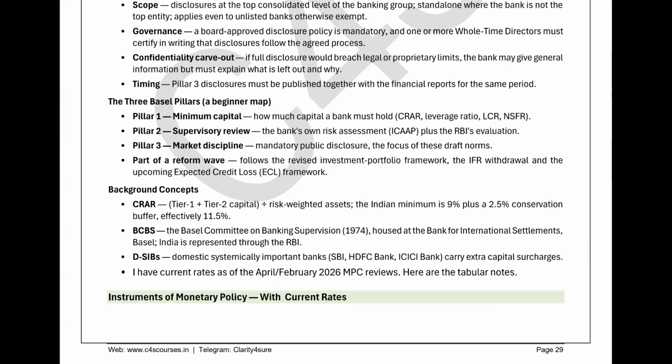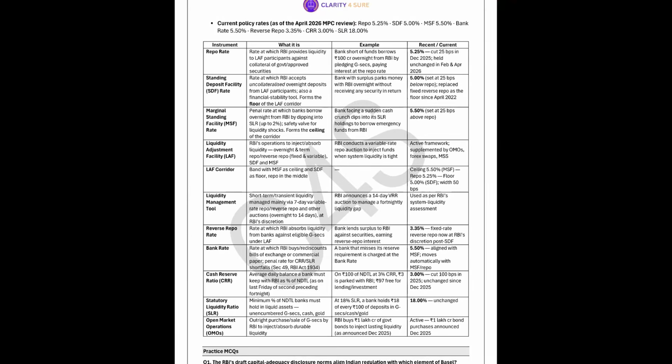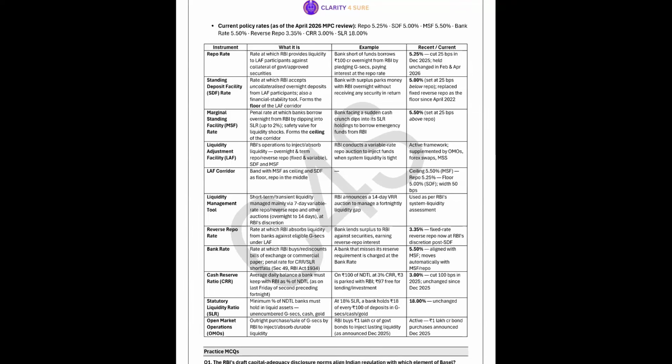Instrument of monetary policy with current rates. अब ये देखो, ये जो data है ना, it will show you instruments of monetary policy with current rates in one place. ठीक है?